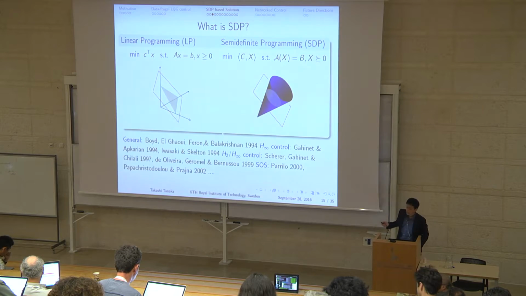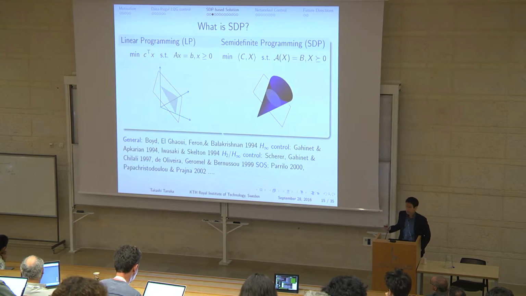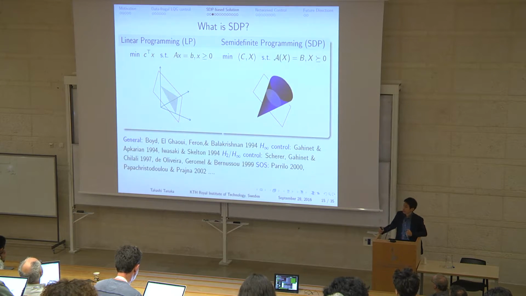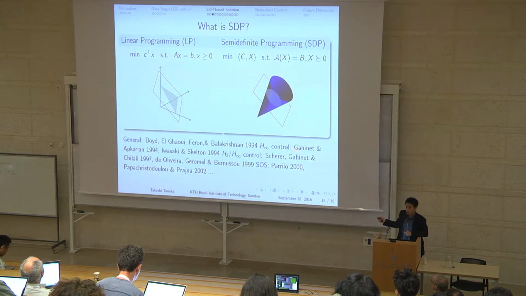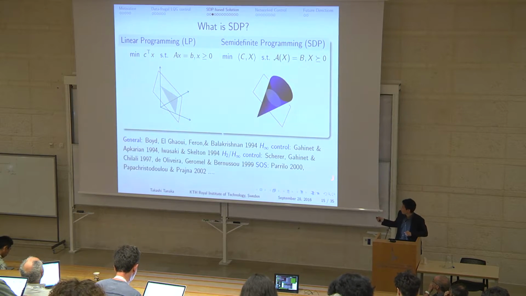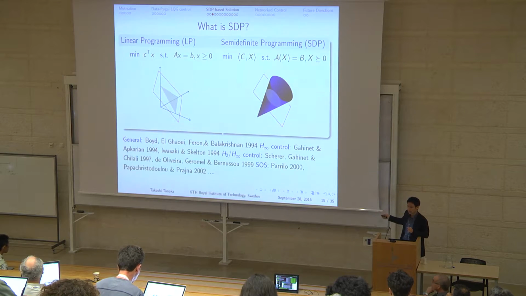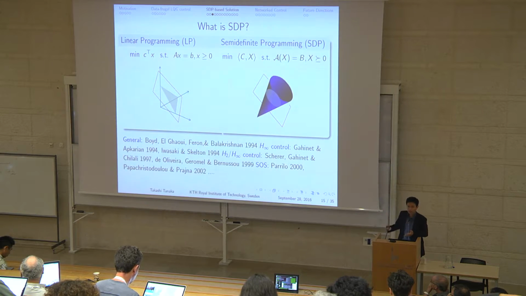So first of all, what is semi-definite programming? Well, semi-definite programming is an extremely well-behaved class of convex optimization problems that can be viewed as a natural generalization of linear programming. In the control community over the past 20 years, SDP has been an extremely popular language. The basic philosophy behind this literature is that since we have a very efficient algorithm to solve this optimization problem, we can consider this as a solution by itself.